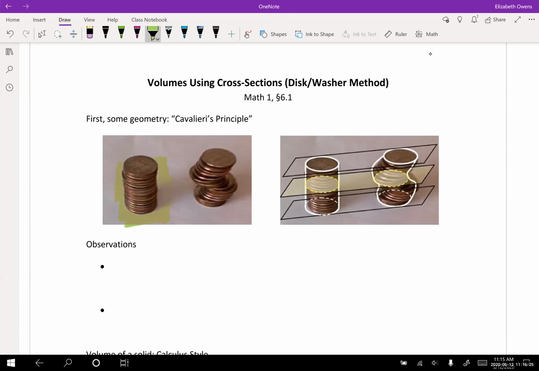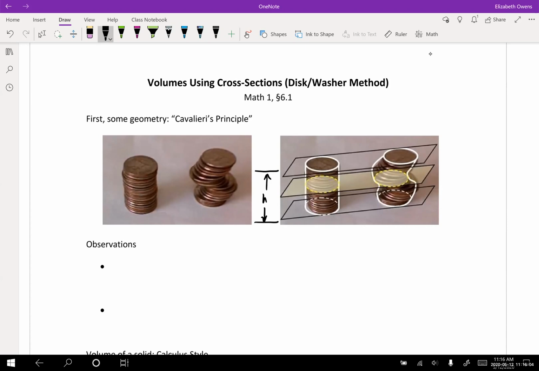And then the other one is kind of a bent cylinder type of shape right here. The pennies have been kind of pushed off center a little bit. Okay, but what we're going to say about those two stacks of pennies, and you can kind of see the details over here in the right-hand picture, is that both stacks are made up of the same amount of pennies. So the heights of both those cylinders are the same, the straight cylinder and the bent cylinder.